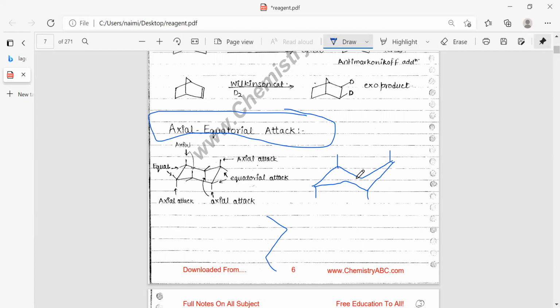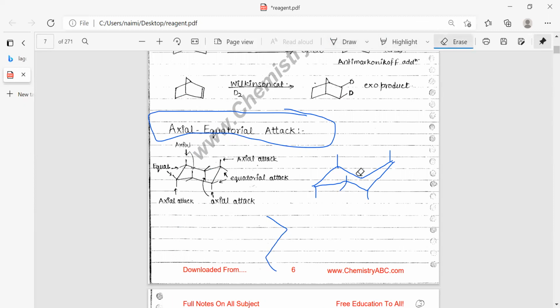You can see that it is axial. Sorry for that, I have also drawn the equatorial bond.